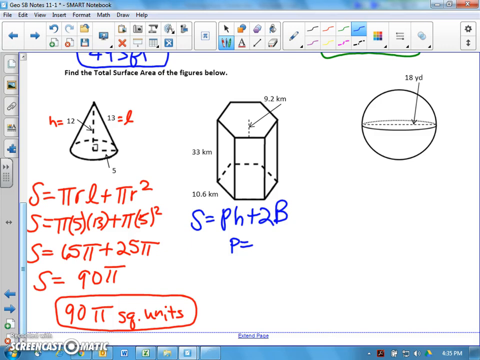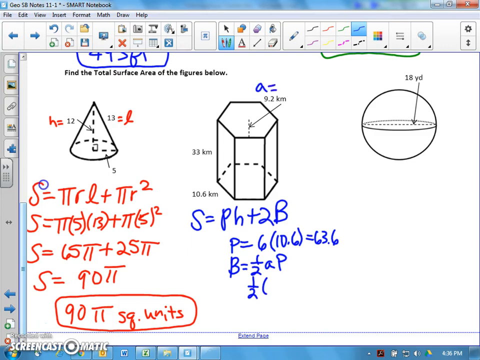So the perimeter, it's the perimeter of a hexagon. I have 6 sides. Each side is 10.6. So this is going to come out to be 63.6 kilometers. To calculate the area of the base, the base is a polygon. So this is going to be that 1/2 AP. I've just calculated P. So this is 1/2 times my apothem.